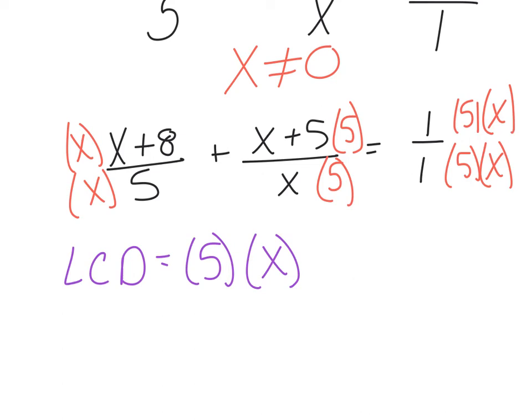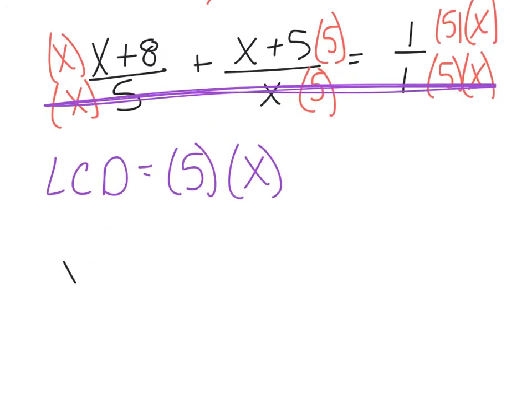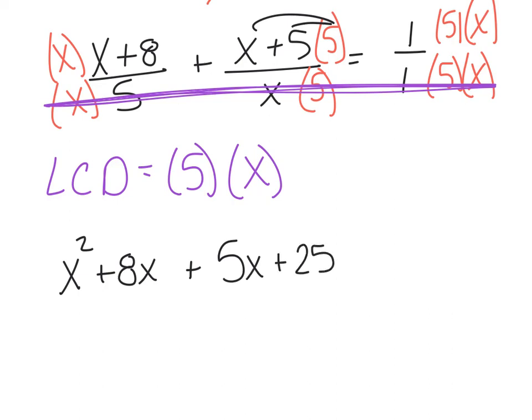Okay, looks like everybody has the same denominator, so we'll take our pencil and scratch it off. And we'll carefully solve that top equation. So I'm going to say that's x squared plus 8x, plus I'm going to distribute that 5x plus 25 equals 1 times 5 is 5, so I'm going to kill that, and 5 times x is 5x.